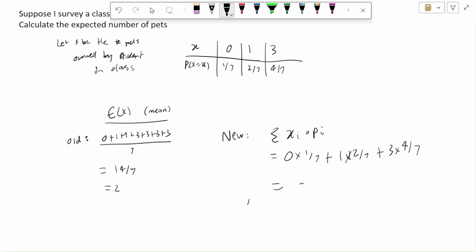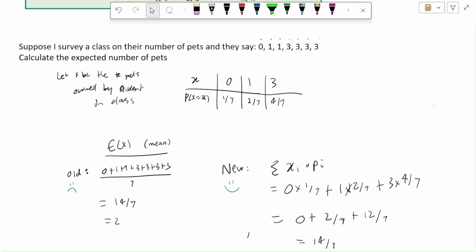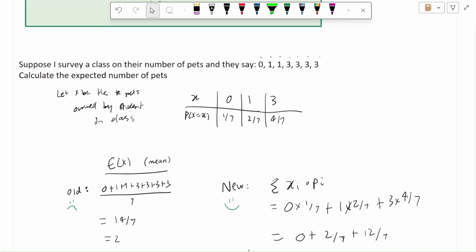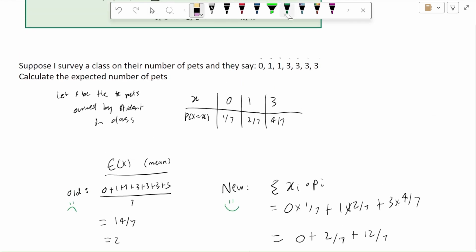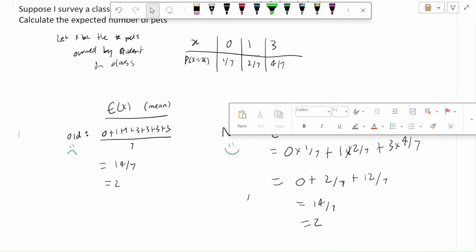But what this will become is 0 plus 2/7, and then 12/7, which would give us again 14 over 7, which is 2. So the new method is much, much better than the old method because it accounts for weighted probabilities. And imagine if this sample was like 500 people, you'd have a really rough time doing the old method.